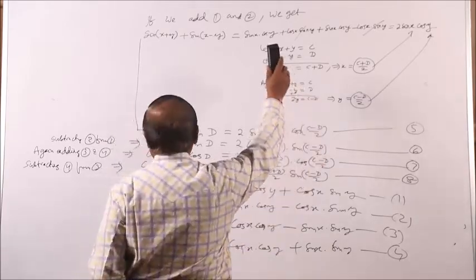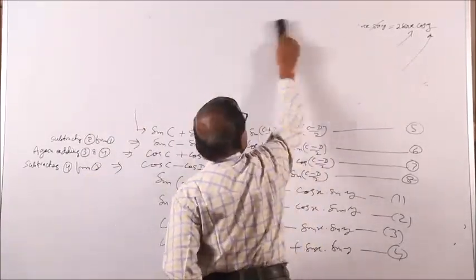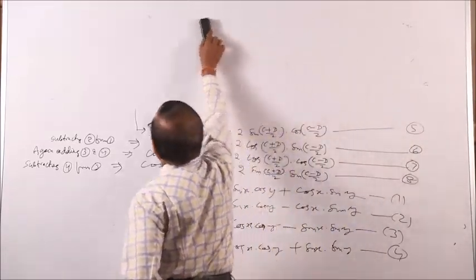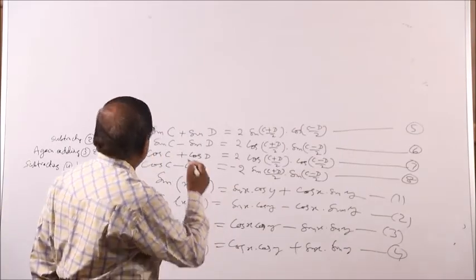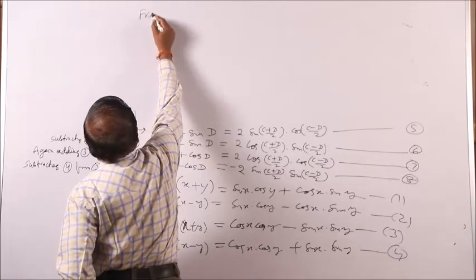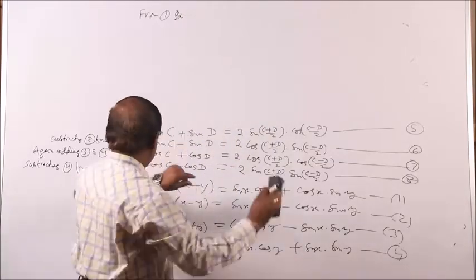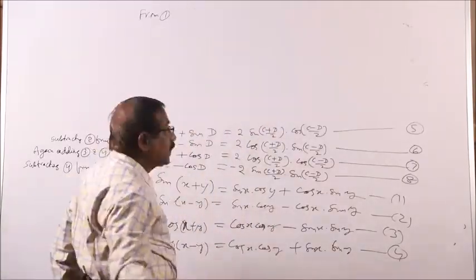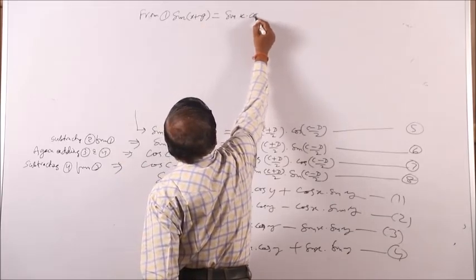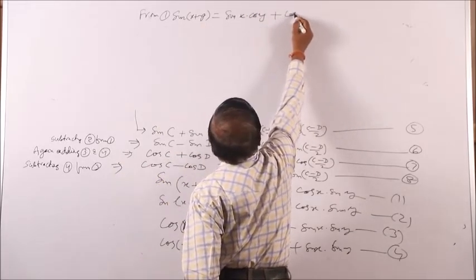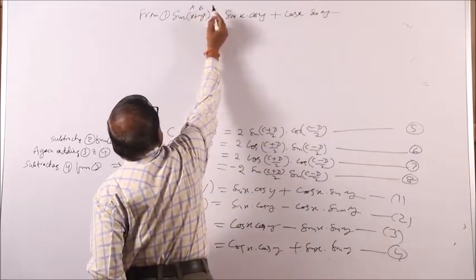You see, we have from 1, sin(x plus y) is equal to sin A into cos B plus cos A into sin B. You can write A, B also, there is no harm.